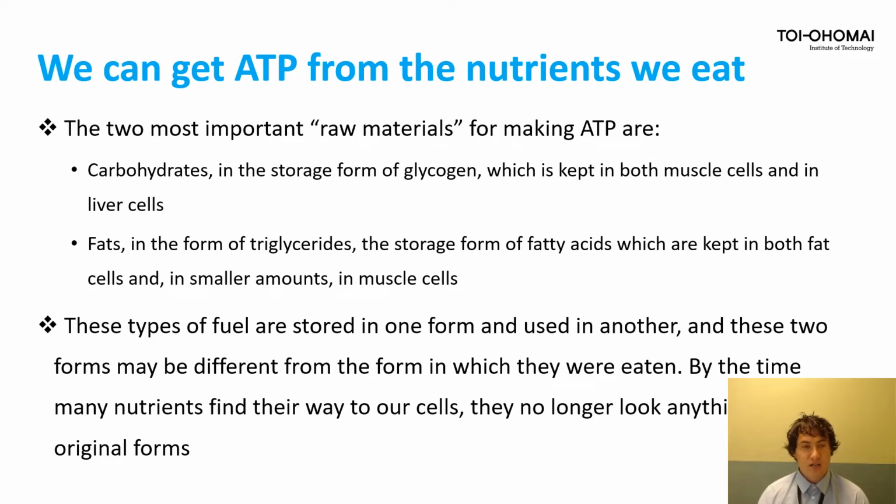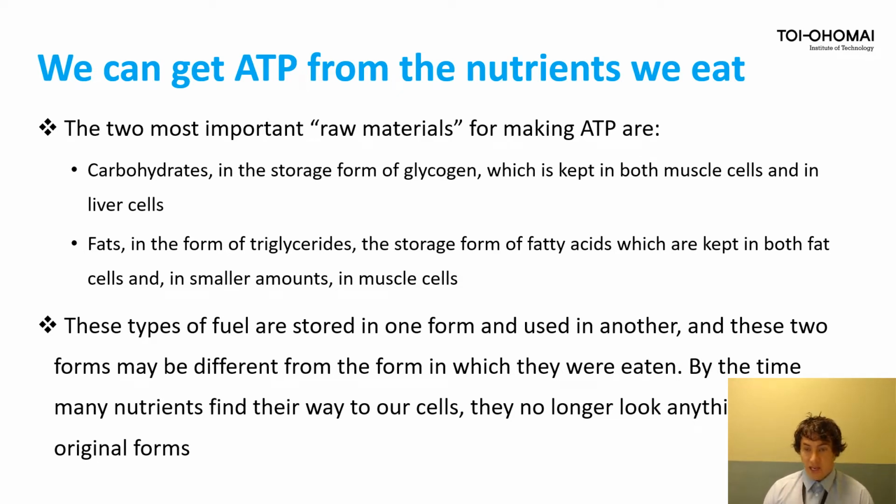Carbohydrates we can store as a compound called glycogen, which is kept in both our muscle cells and our liver cells. If you think about storage space in your house, you've got various places you can store things. In our body, we can store carbohydrates or glucose in the form of glycogen in our muscles and in our liver.